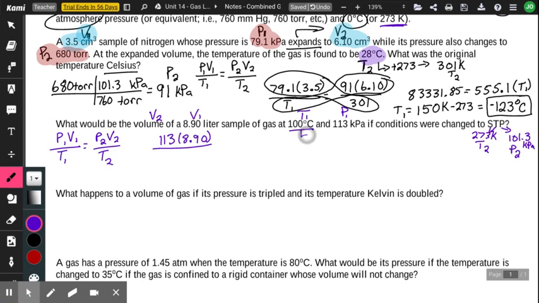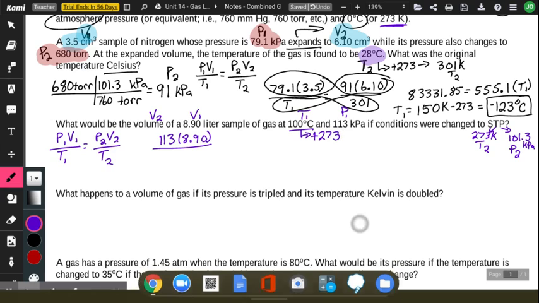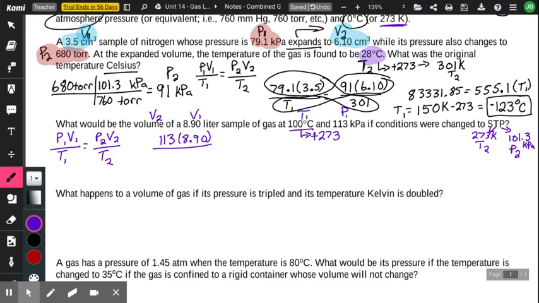This is in Celsius, so let's go ahead and convert it into Kelvin, which remember is just plus 273. Okay, so 100 plus 273 gives us 373 Kelvin. Okay, so that's what's going to go right here, 373 Kelvin.